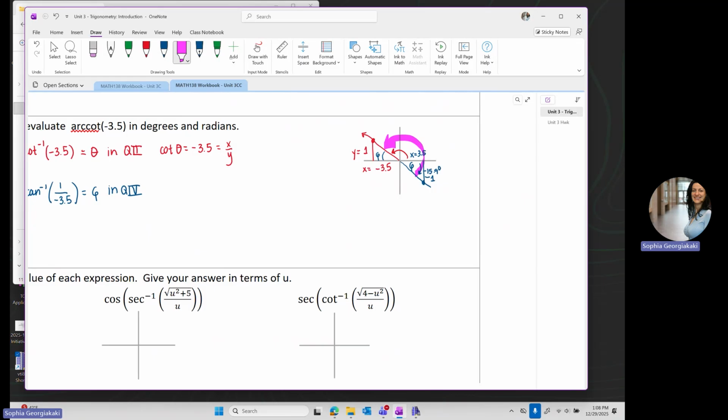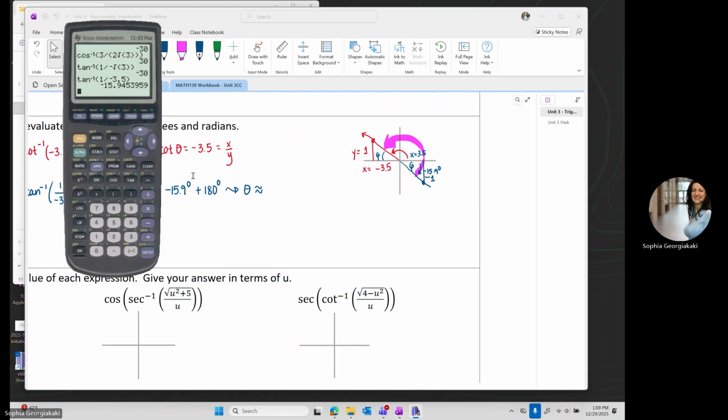So if this is approximately -15.9 degrees, to find my theta, I will add 180, and I will have theta to be approximately 164.1 degrees.